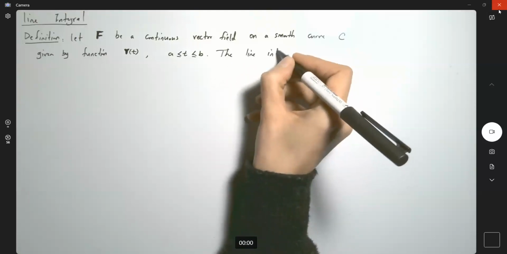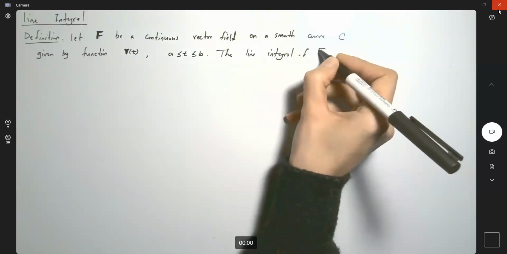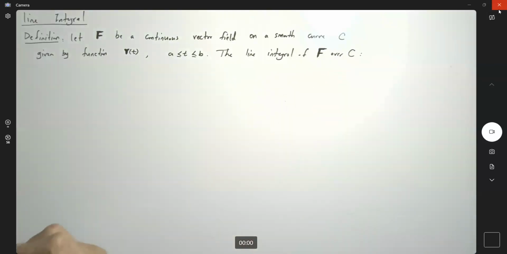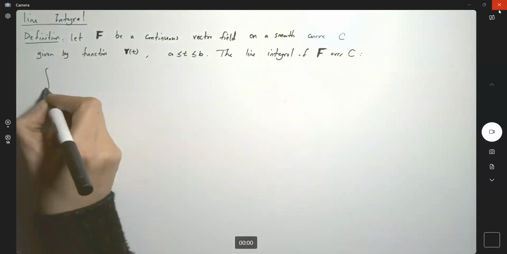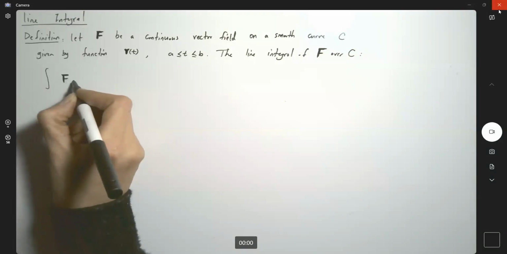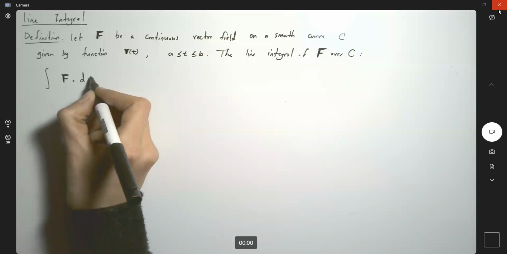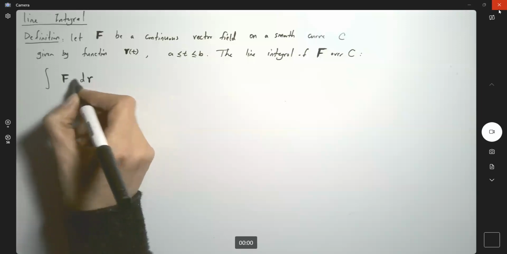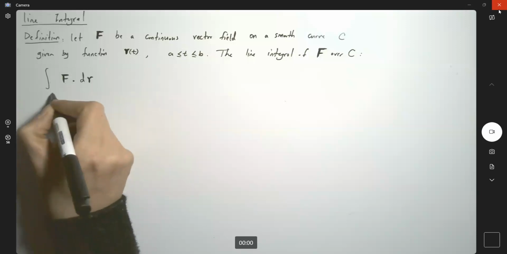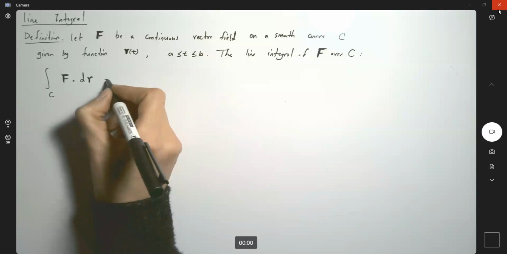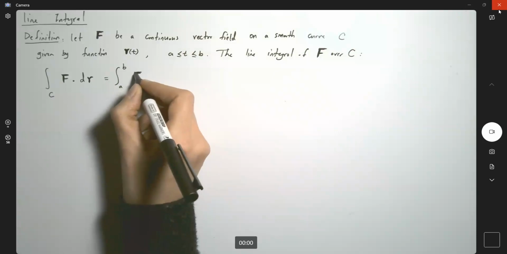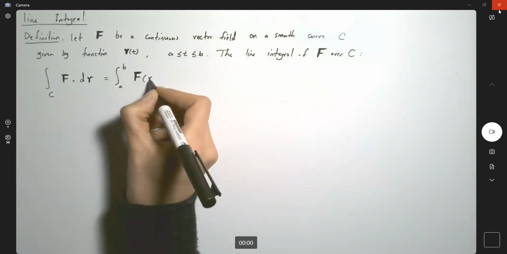The line integral of F over C is defined this way. Line integral F dot, guys, we are using the dot product, dot dr. You have two vectors and you are connecting these two using the dot product over curve C, which can be written as the integral a to b of F of r(t).